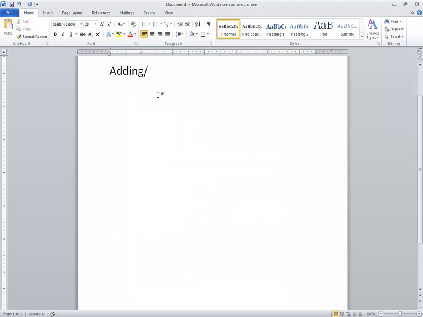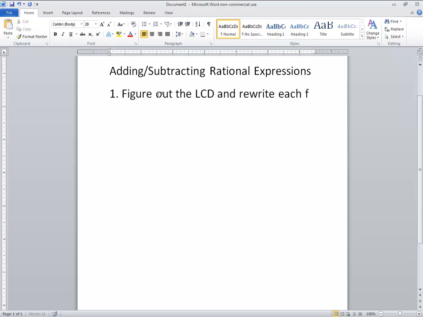So adding, subtracting rational expressions. Step 1, figure out the LCD, least common denominator, and rewrite each fraction with that new denominator.